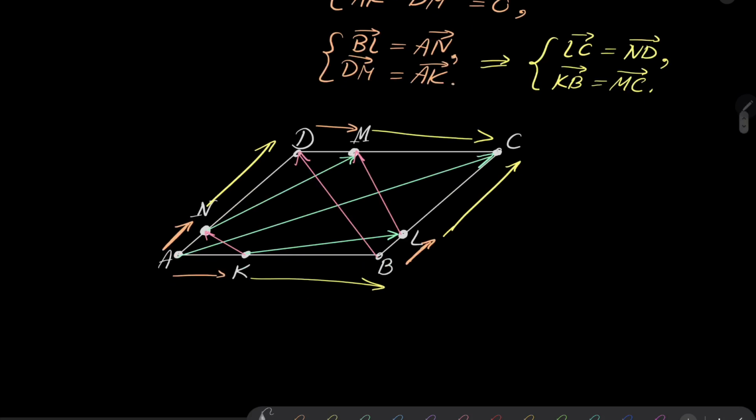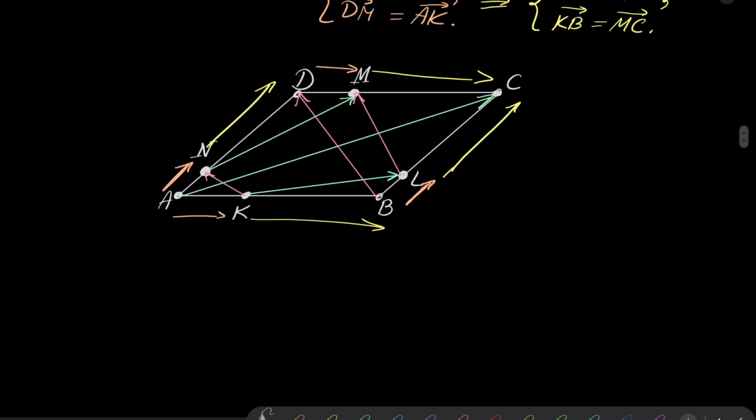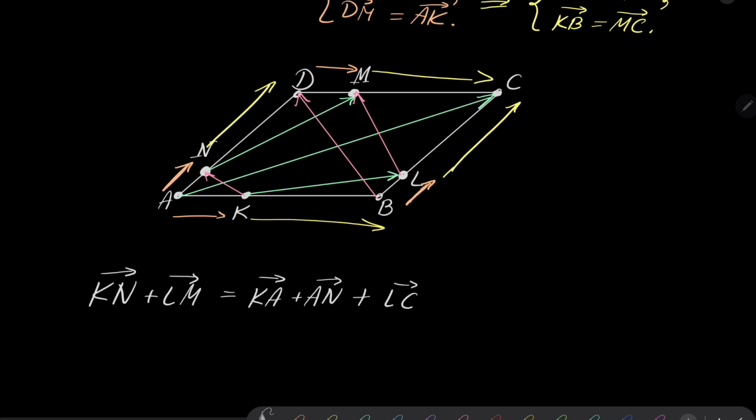Now let's tackle the sum of these two vectors, KN plus LM. We wish to show that this equals vector BD. So let's write it. What is KN? KN can be written as KA plus AN. And what is LM? LM can be written as LC plus CM.